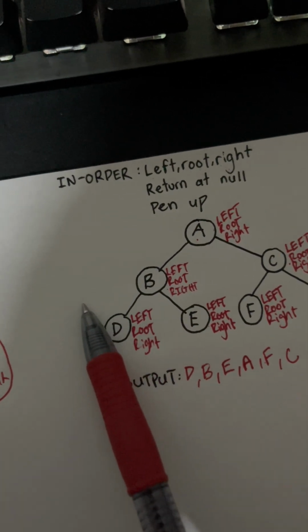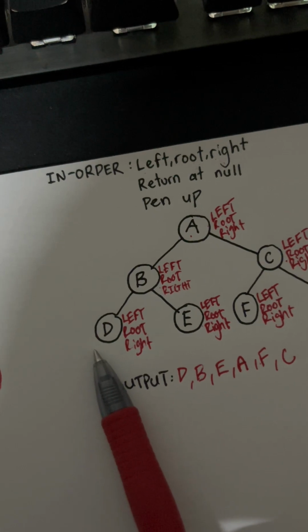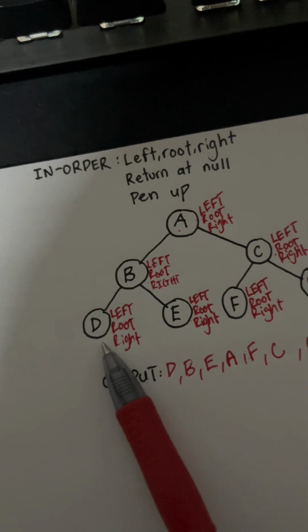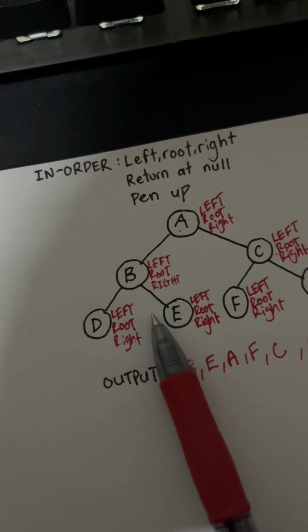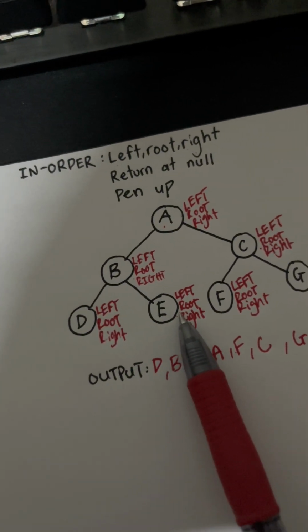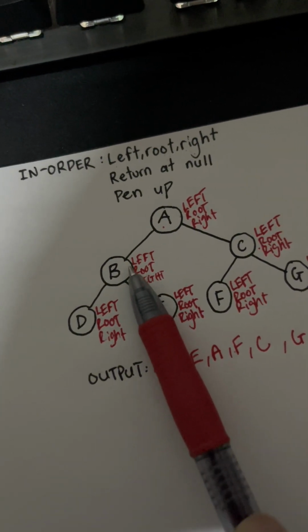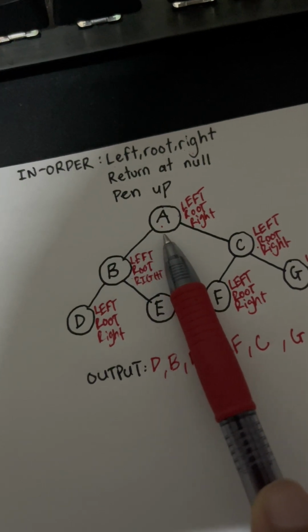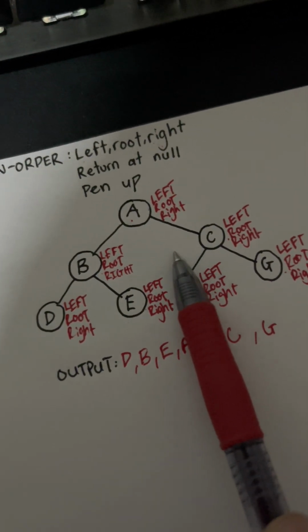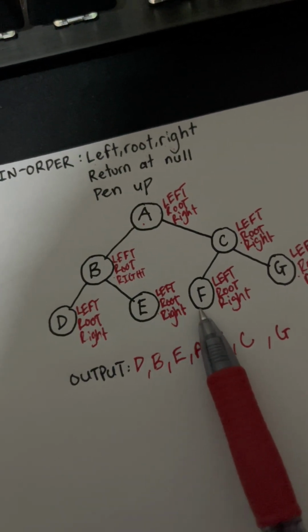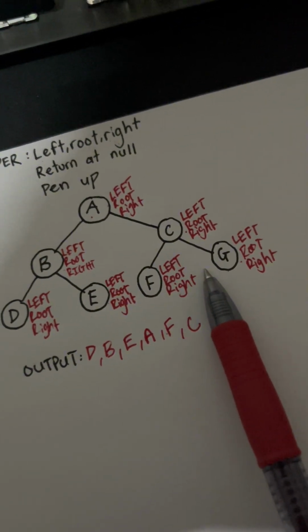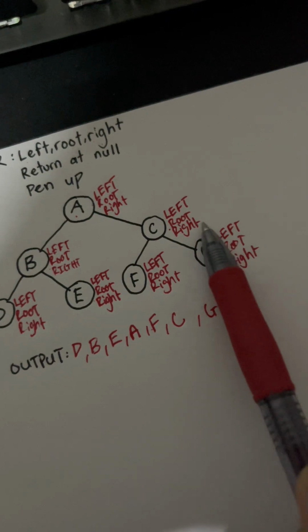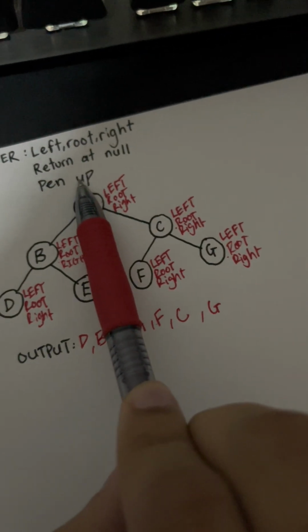We're pointing at nothing, but as we come around D, then trace B, then trace E, right? Trace around A, F, C, and G, and we are done, right? You can complete your trace.